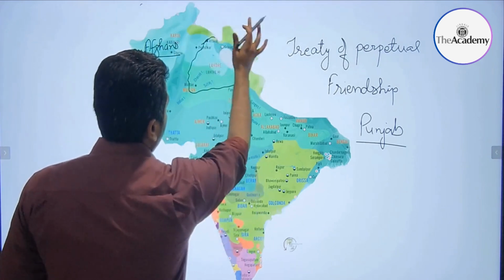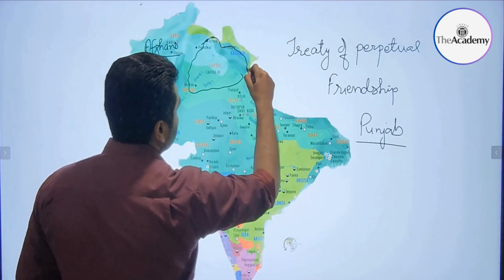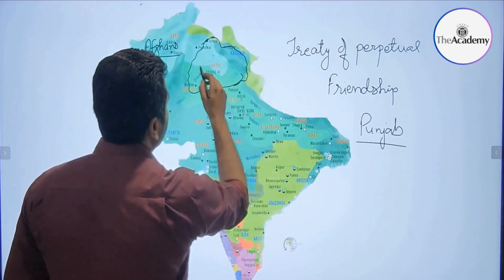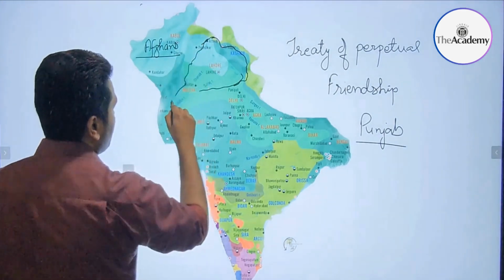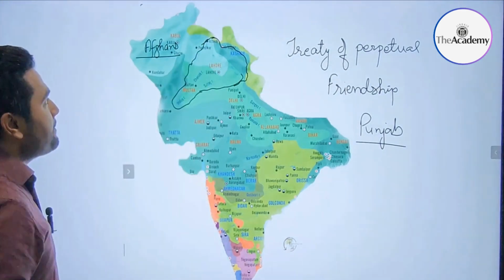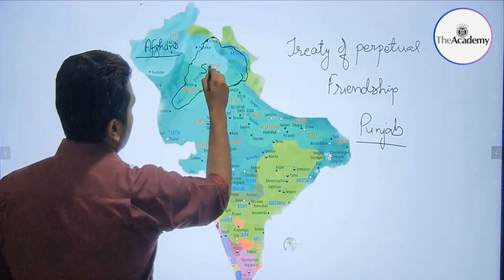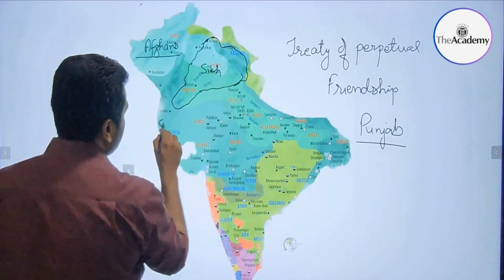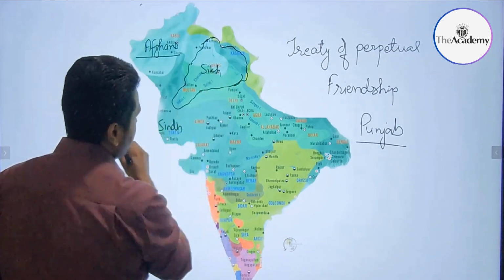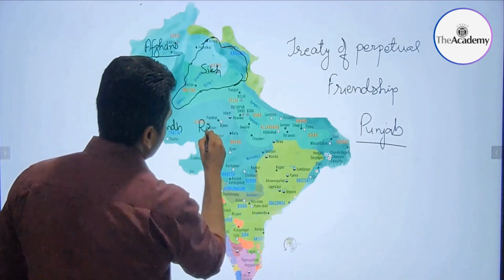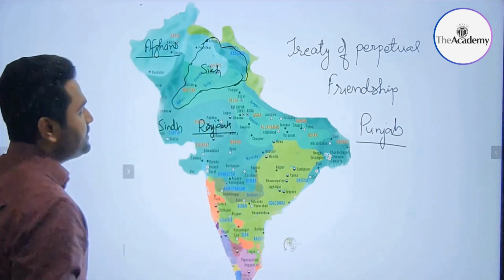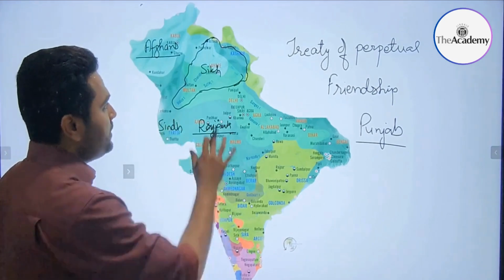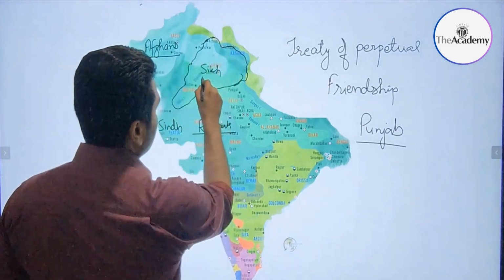Even the hilly areas were under the control of Punjab. These were under the control of Afghans, and this is the Sindh region. We know it very well. These were the Rajputs. Just giving you a brief background about the northwestern region.